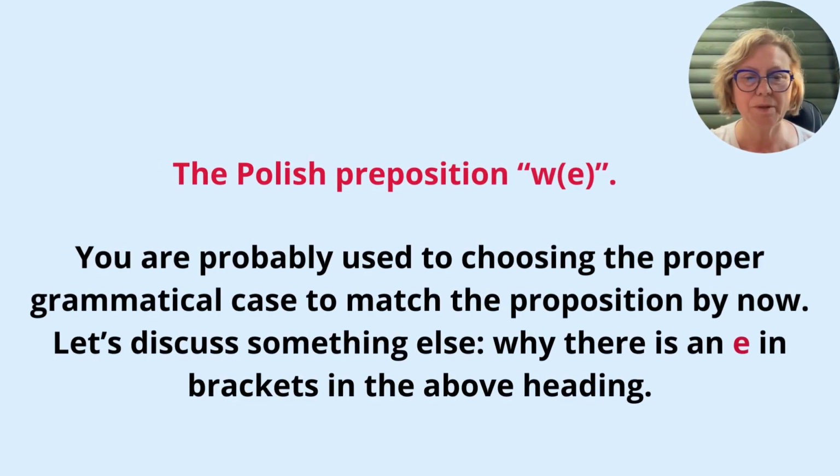The Polish preposition we. You are probably used to choosing the proper grammatical case to match the preposition by now. Let's discuss something else: why there is an e in brackets in the above heading.